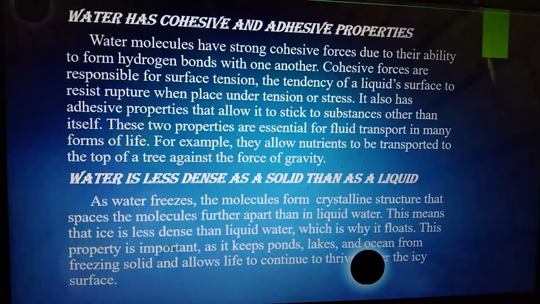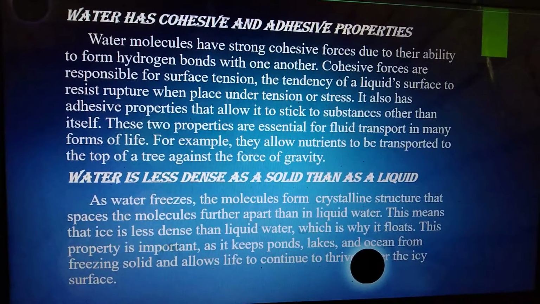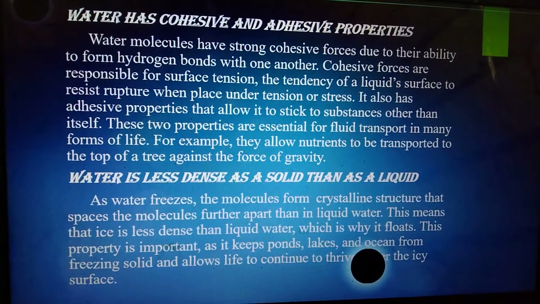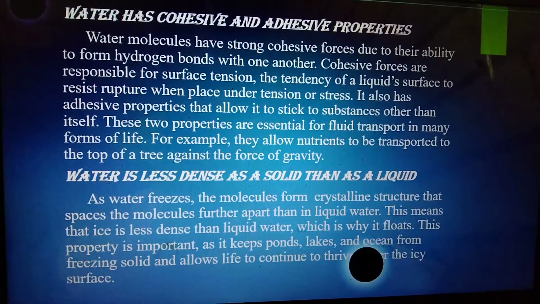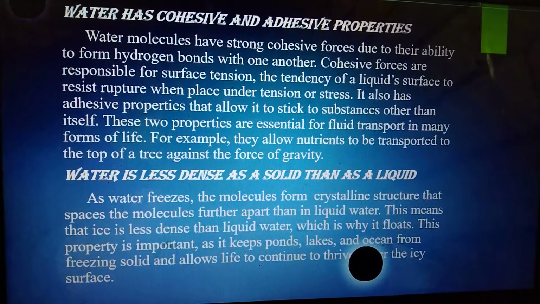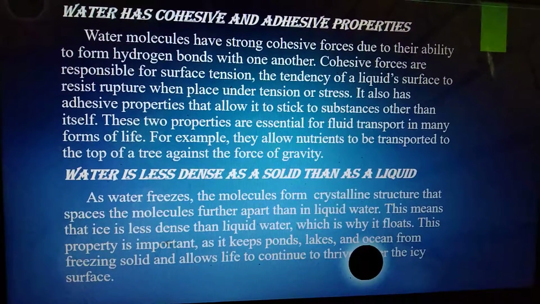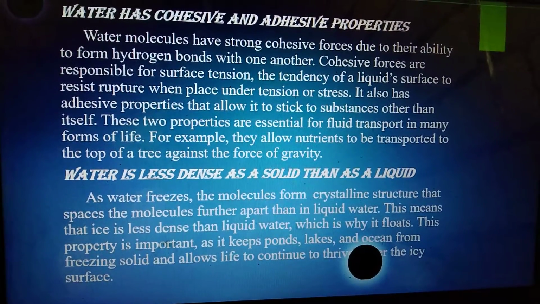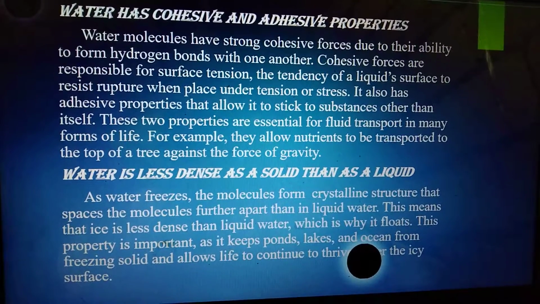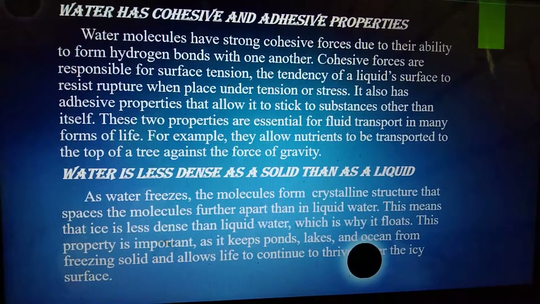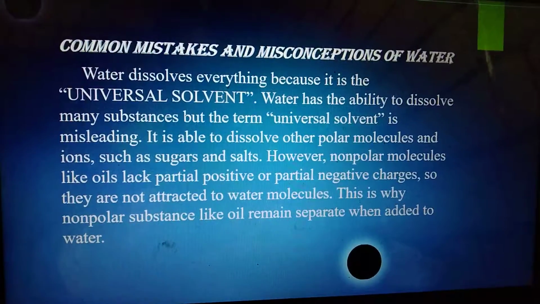This means that ice is less dense than liquid water, which is why it floats. This property is important as it keeps ponds, lakes, and oceans from freezing solid and allows life to continue to thrive under the icy surface.